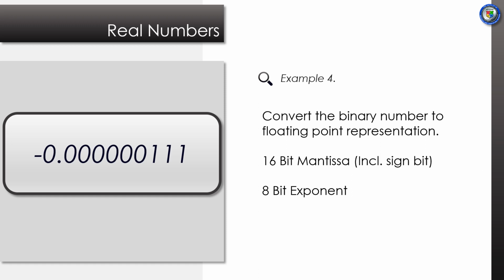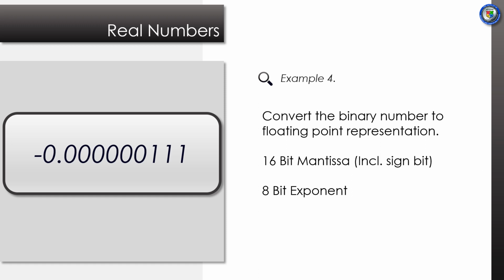In our last example, in example 3, we looked at a positive mantissa with a negative exponent. In our fourth and final example, we will look at a negative mantissa and a negative exponent. Let's move forward with this fourth example.